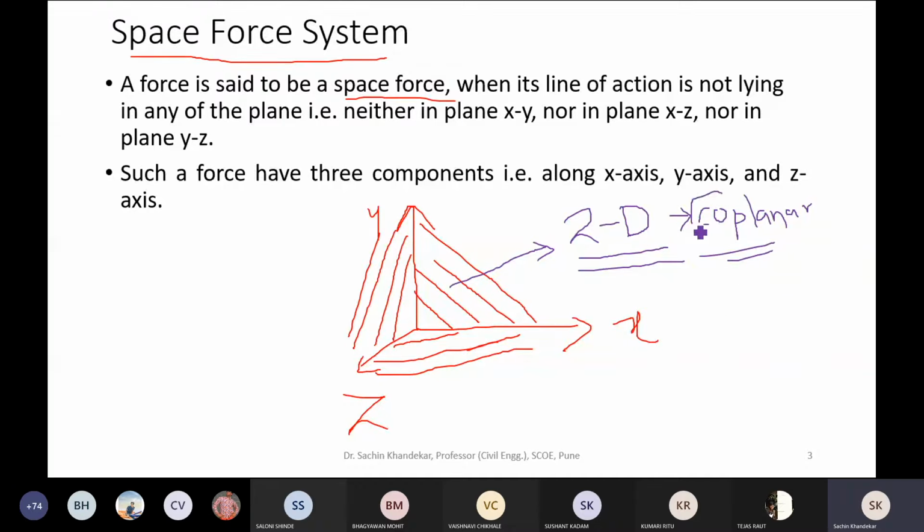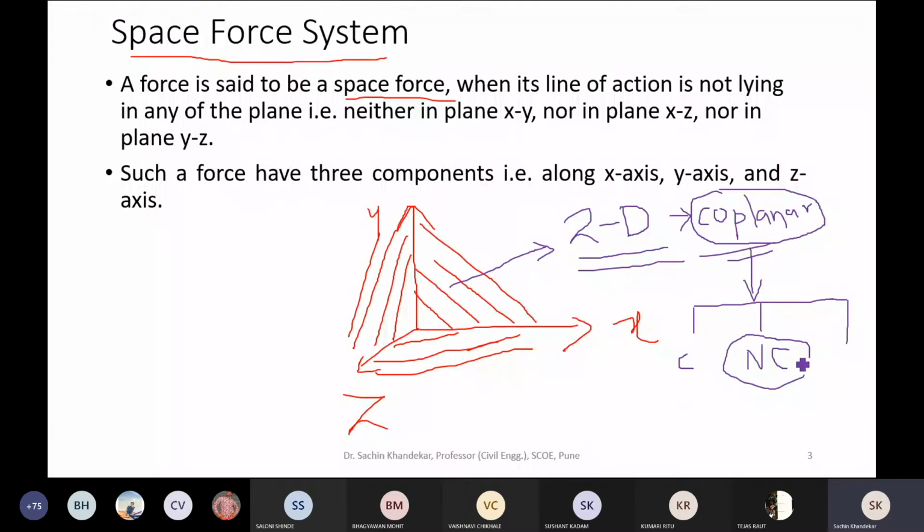In general, what do you mean by a coplanar force system? If all the forces are lying in a single plane, then that force system is called a coplanar force system. This coplanar force system may be concurrent, may be non-concurrent, and it may be a parallel force system.